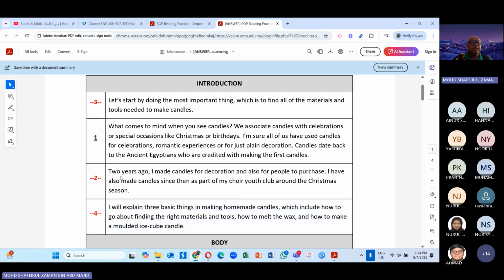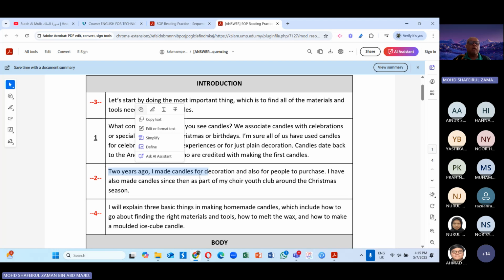While the one here, 2 years ago, I made candles, is still on the general explanation about the candle itself. Started from the history of it, then you can relate it to your own experiences, then maybe you are going to share with the readers that you have the experience on how to make candle and what are the steps involved.